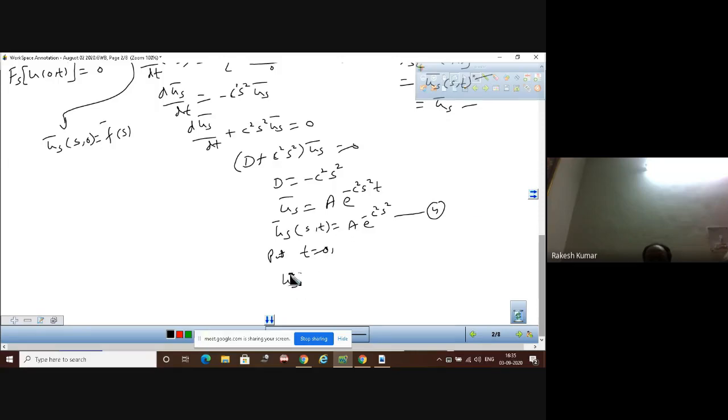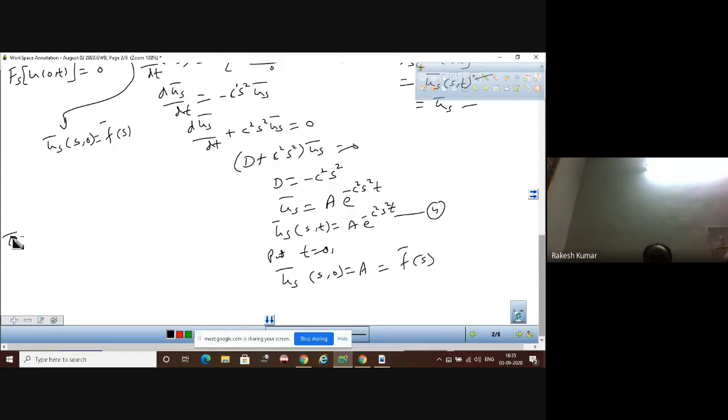We will have e raised to power minus c square s square into 0. So e raised to power 0 is 1. So the constant value is equal to this, and what is this? This is f bar s. So ultimately the constant A comes out to be f bar s.